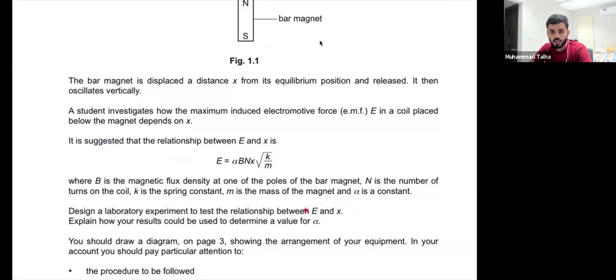Whatever you don't see here in these two lines is your control variable. So B, magnetic flux density, N, number of turns, K, spring constant, M, mass of the magnet, all of these will be your constants.